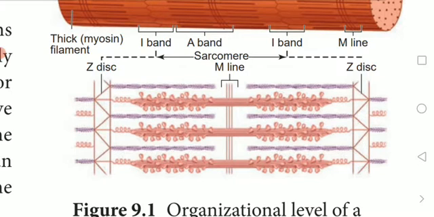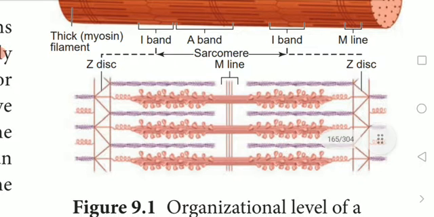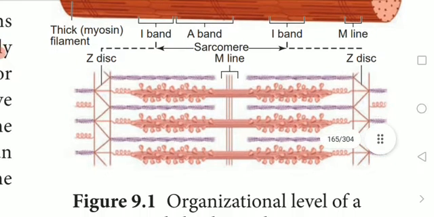In the middle of the A band there is less density, which we call the H zone. Each H zone is bisected vertically by a dark line called the M line. The light I bands also have a darker midline area called the Z disc.